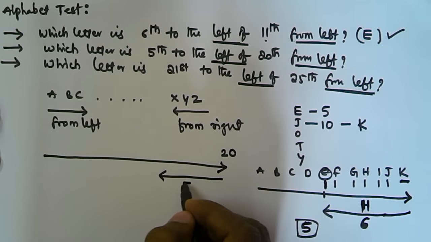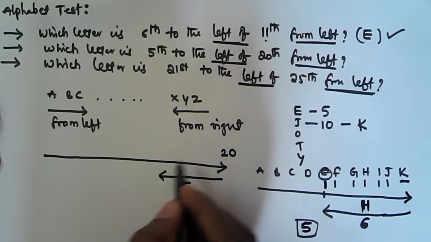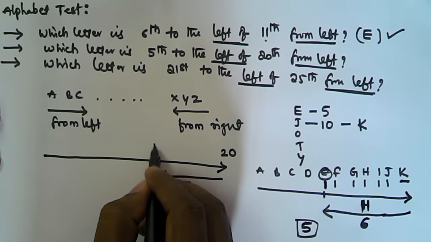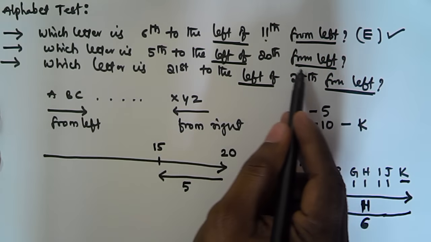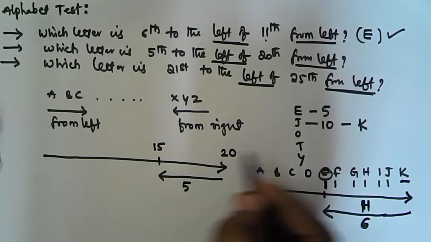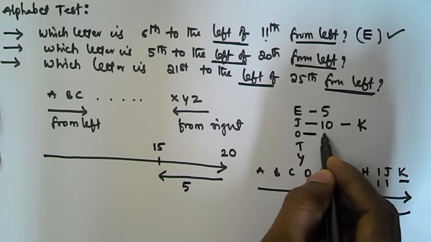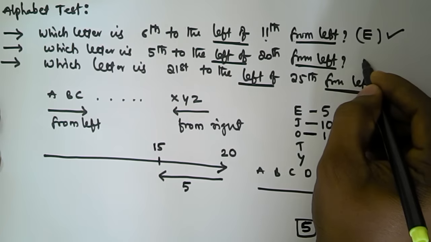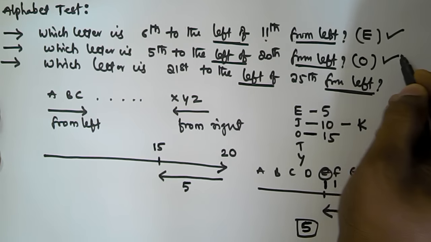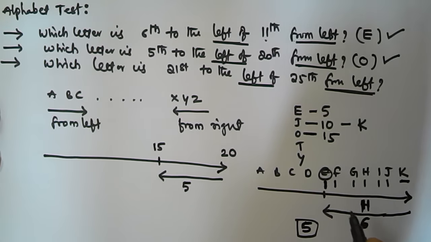So we have to subtract this 5 from the 20. What will we get? We will get 15. So which letter is the 5th to the left of the 20th from the left? 15. We know that O is the 15th, right? So for this one, the answer is O.